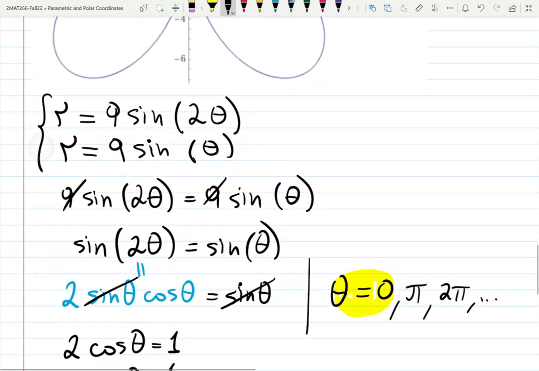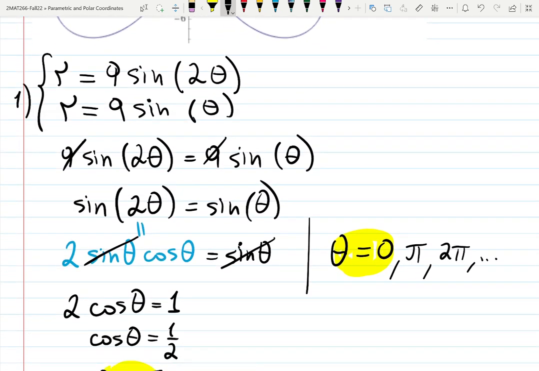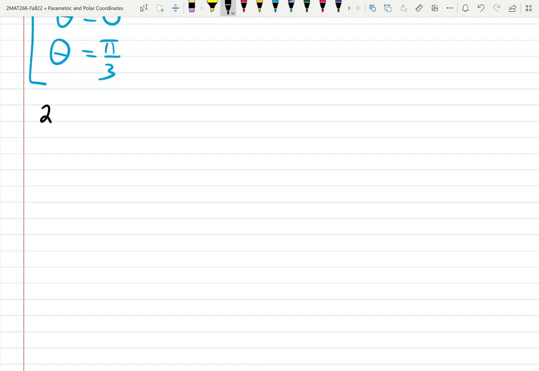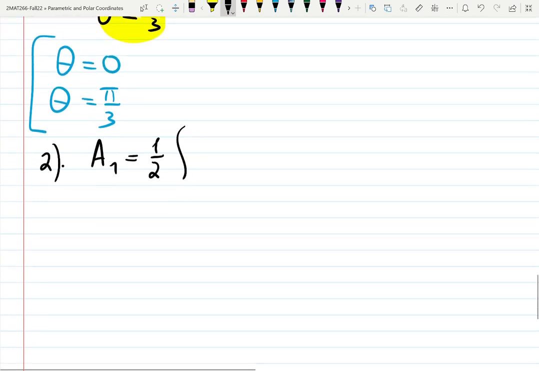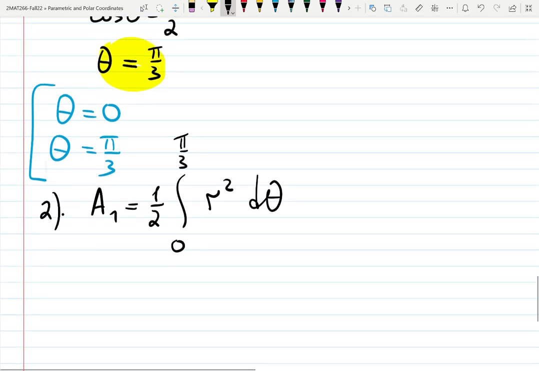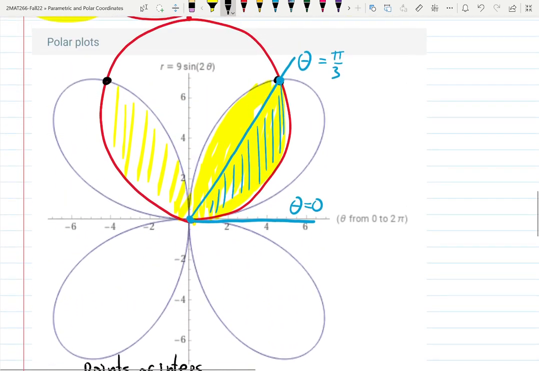So let me do steps. Step 1, find points of intersection. Step 2, figure out what areas we're actually looking for. Area 1, and we remember the formula for the area. 1/2 integral from alpha to beta, 0 to pi over 3, r squared d theta. And we will decide later what r goes inside. This will be the first area in blue.